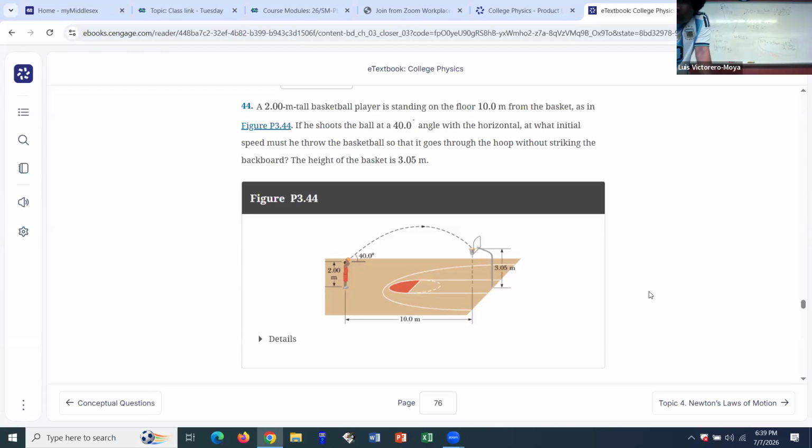And he's shooting the ball at an angle of 40 degrees with the horizontal. It's realistic, you can know how high the basket is: 3.05 meters. In this question, they're asking you to find the initial speed, so the value of v, so he can make the shot. All right. So let's do the drawing. While you guys are doing that, I'm going to start doing it here.